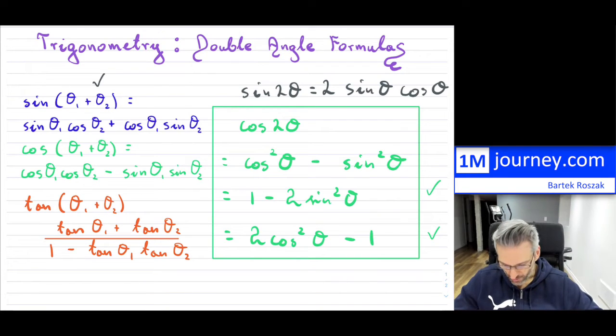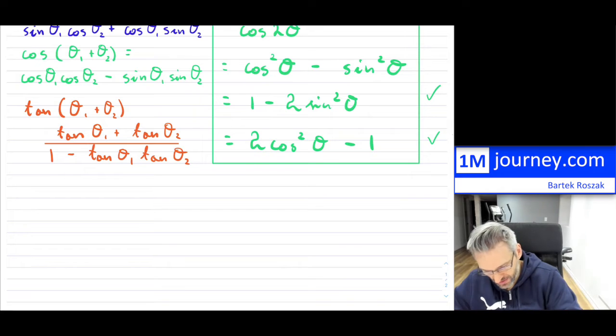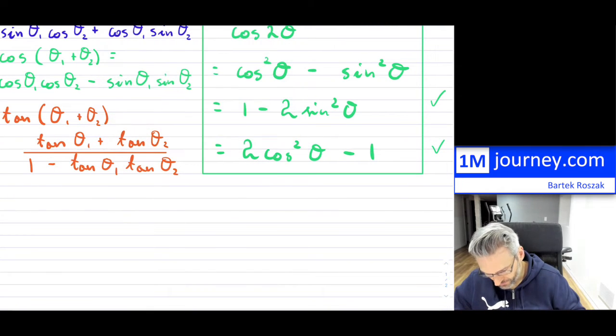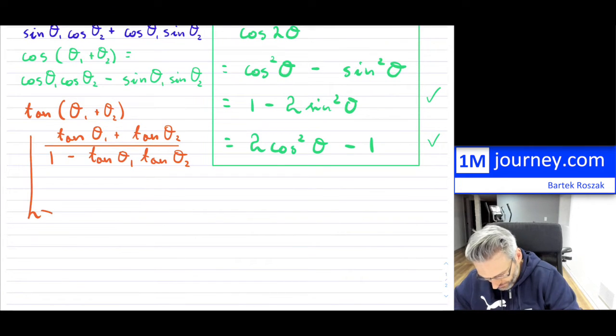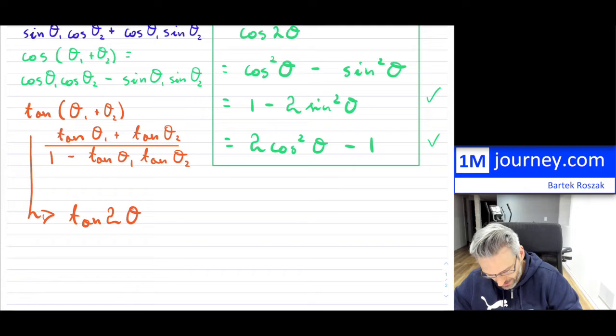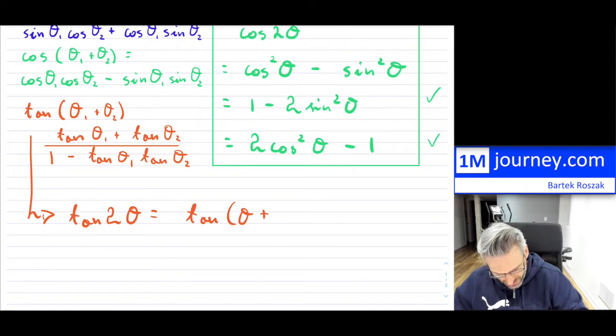Now for the last one, the tan, that again is nothing else but, if you want tan 2 theta, this is just equal to tan of theta plus theta.